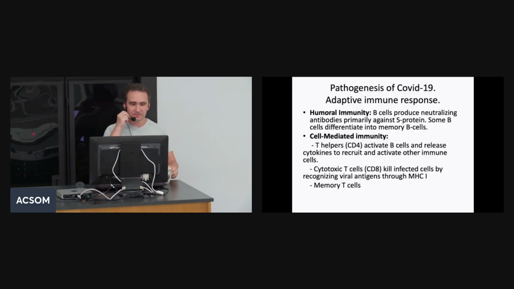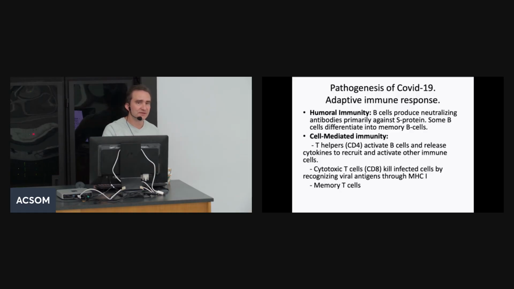The next step, which works pretty well against this virus, is humoral immunity. B cells produce neutralizing antibodies primarily against the S protein, which, remember, is on the surface of the virus. Some of these lymphocytes will differentiate into memory B cells and stay dormant in the body.